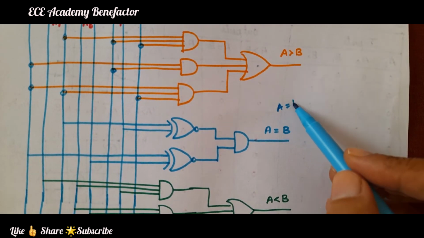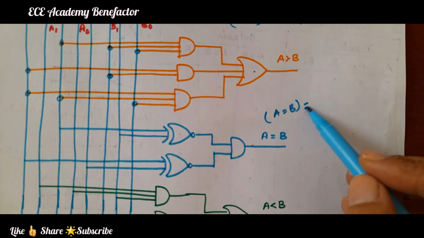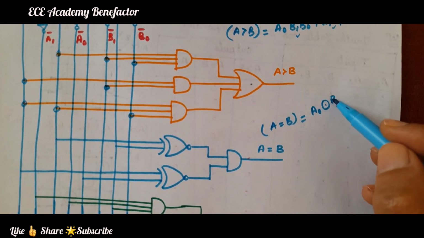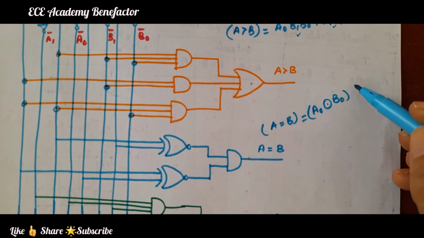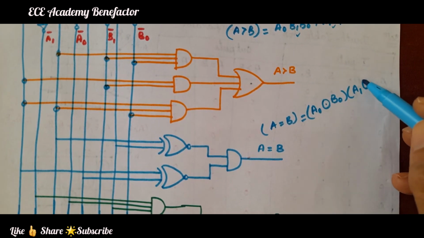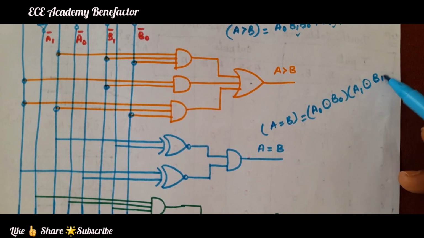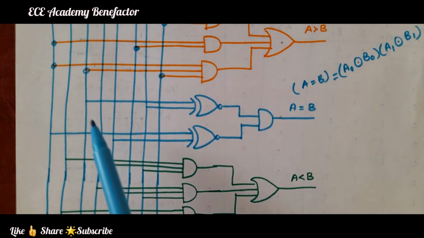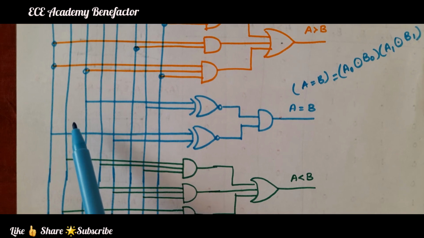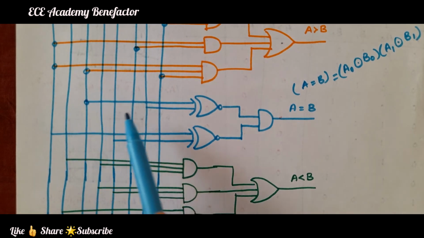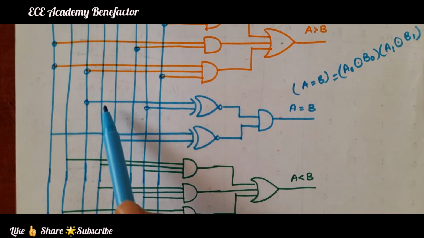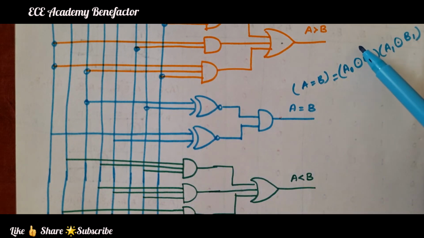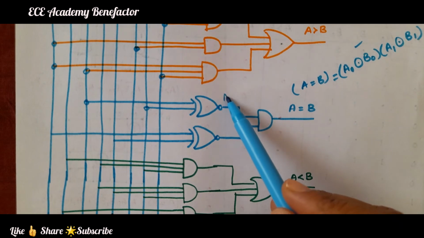Now going for the second output, A equal to B. For A equal to B, the expression is A0 XNOR B0 and A1 XNOR B1. So A0 and B0 are connected to an XNOR gate to get this term. What is the output here?